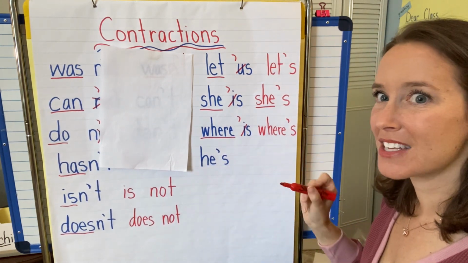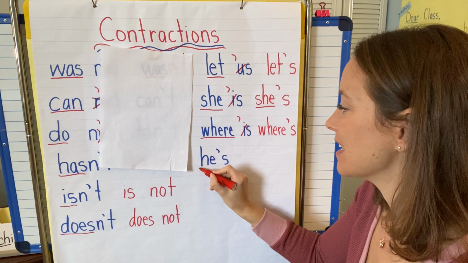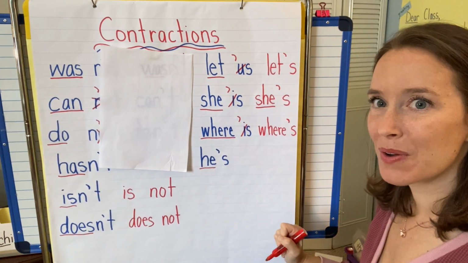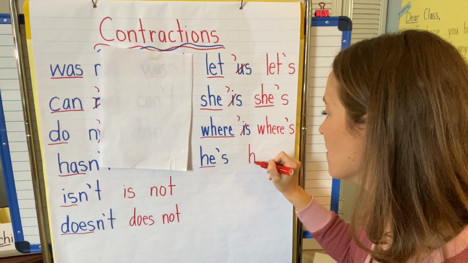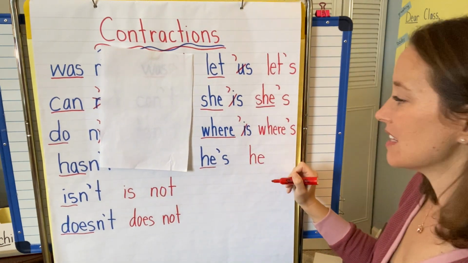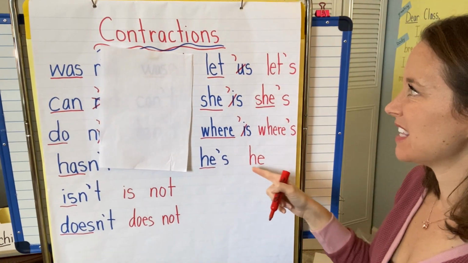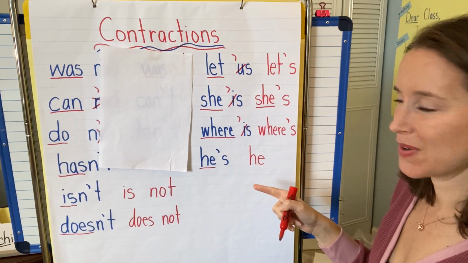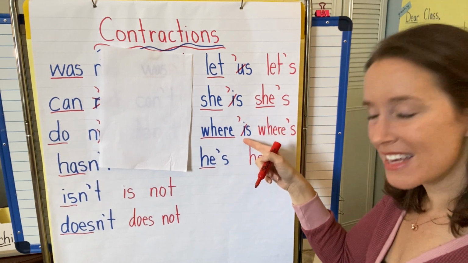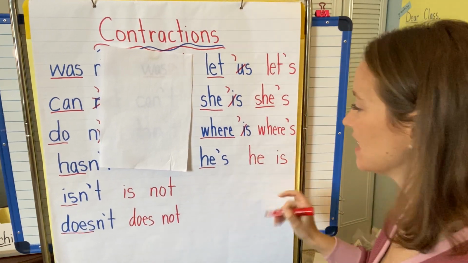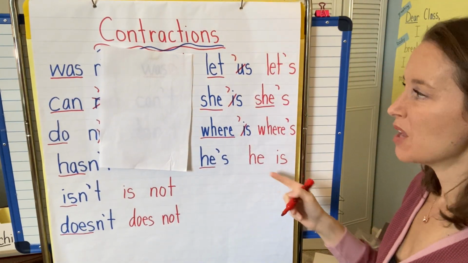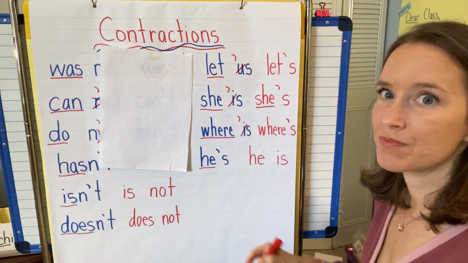Do you see that little word that stands out? Yeah, first word, right? We always have that first word. He. So he's coming over. What do you think that stands for? Is it he us? No. He is. He is coming over. He's. He is. Most of the time it's is.